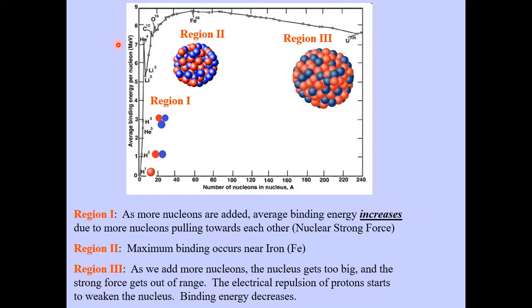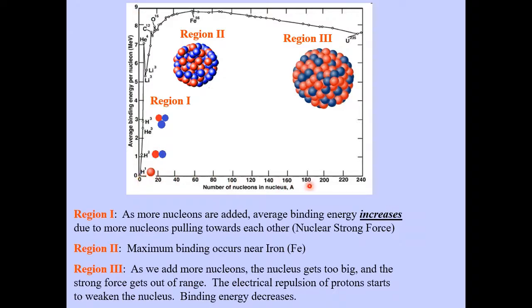Whereas atoms are usually associated with a few electron volts of energy, when we're talking about nuclear energy, we're talking about millions of electron volts. So the nucleus contains millions of times more energy than the atom does with the electrons orbiting around the nucleus. So that's what we're plotting here, the average binding energy per nucleon in mega electron volts.